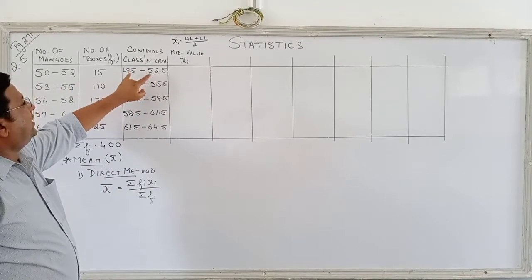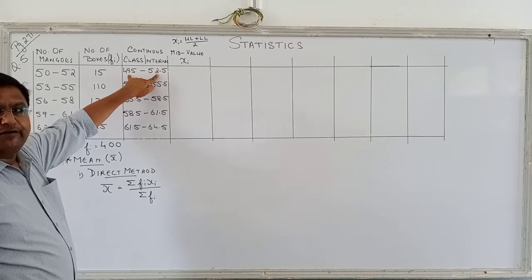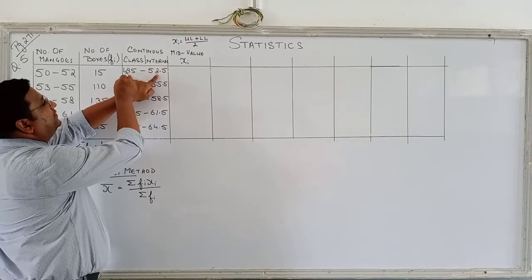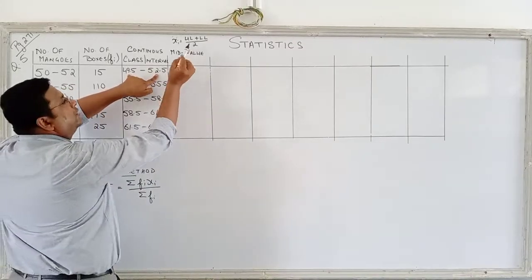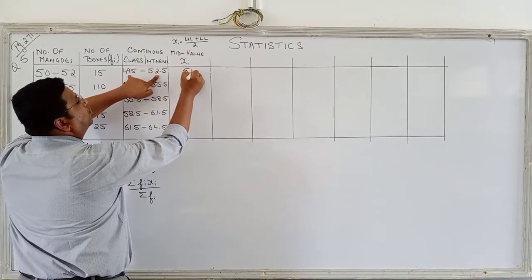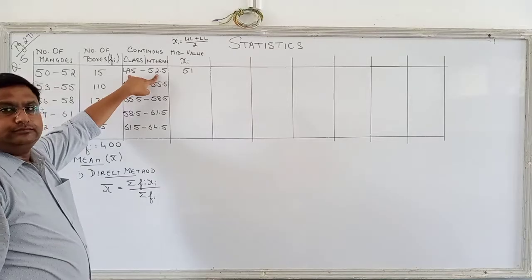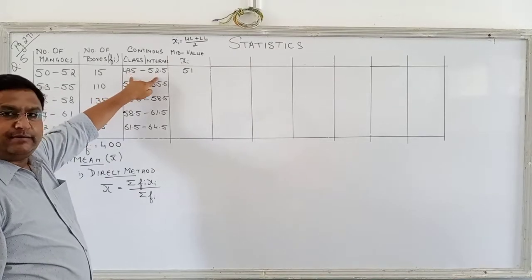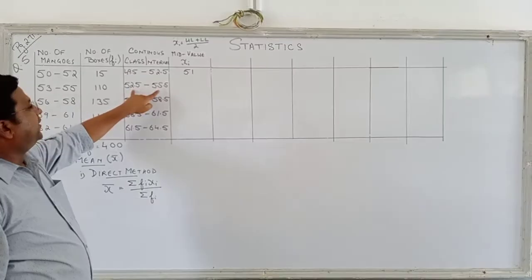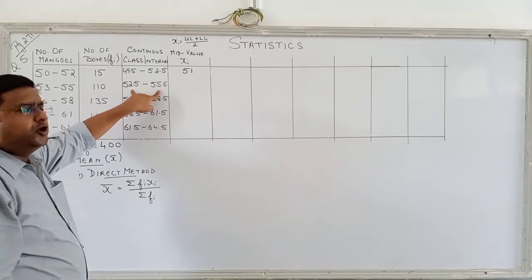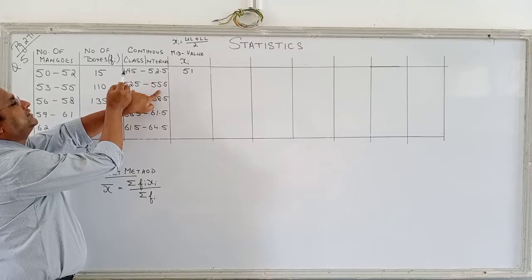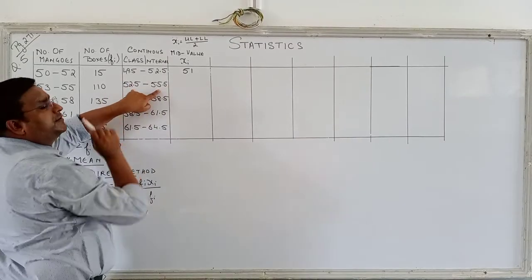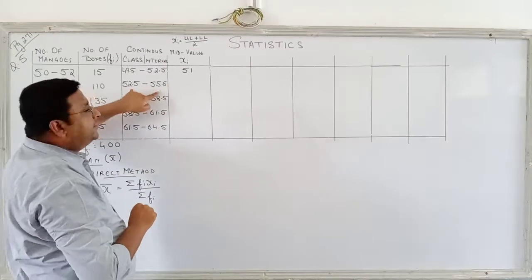Clear? 49.5 plus 52.5. So we can see 0.5 and 0.5. This is 50. 50 plus 52, 102. 102 divided by 2. That is 51. Can you see? It is lying exactly in between these two. Then 52.5 and 55.5. No need to add it. You can add it also, and here also you can see 49.5 and 51, difference of 1.5.